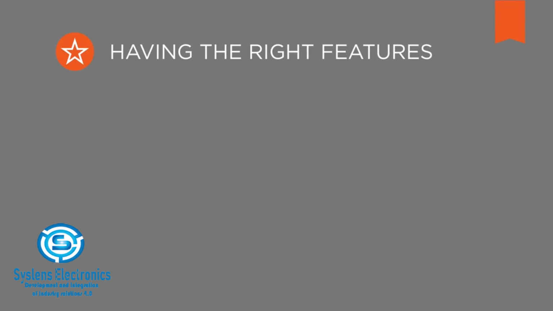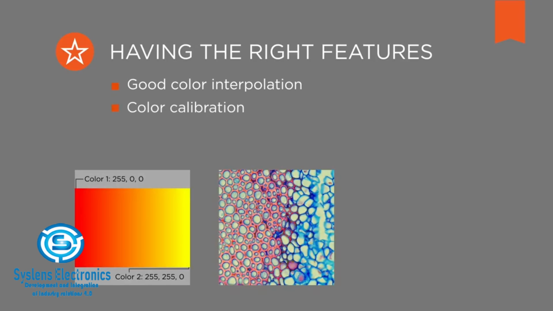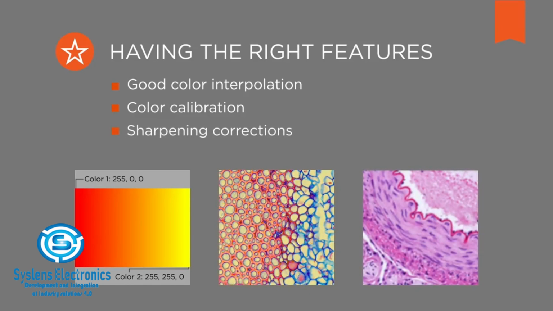Generating just the raw sensor data is typically not sufficient for manufacturers of camera-based diagnostic devices. The right camera features, such as color interpolation, color calibration, sharpening corrections, and advanced color features often make the difference when choosing a camera supplier.